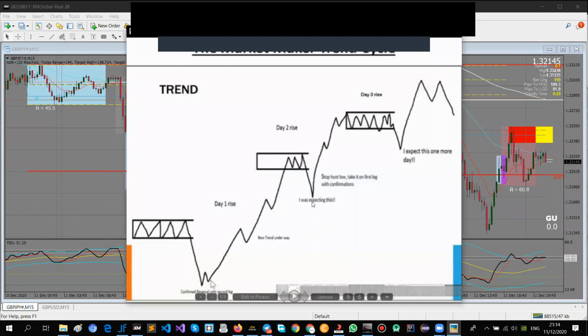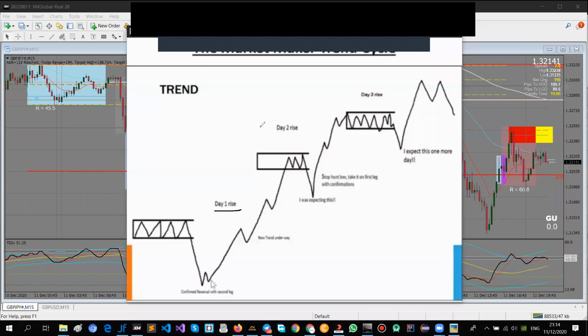Then reset on intraday, then level 1, level 2. But overall, these are 3 days. Day 1 rise, day 2 rise, day 3 rise. I hope you get this. The day 1 rise, then on the second day there is a rise again, then there's the day 3 rise. This simply means this is level 1 right here.